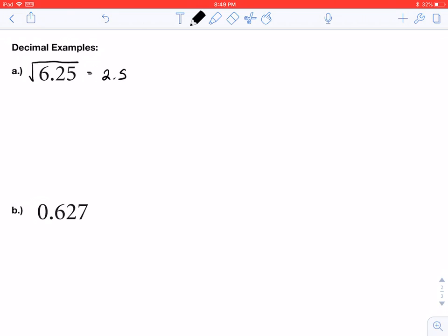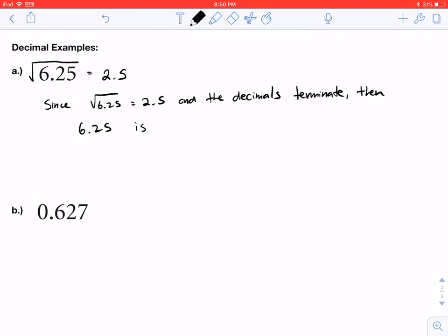And since the decimals terminate or stop, since the square root of 6.25 is equal to 2.5, and the decimals terminate, then 6.25 is a square number.